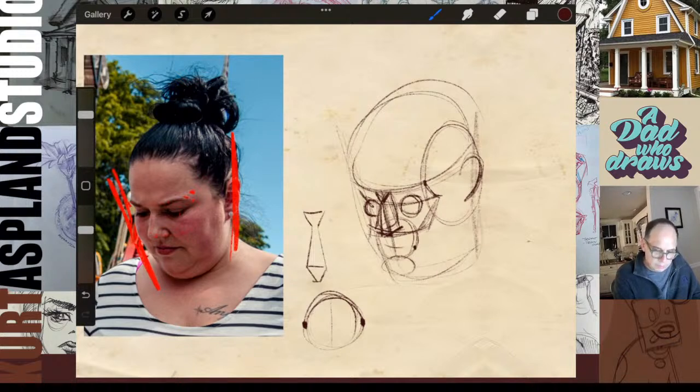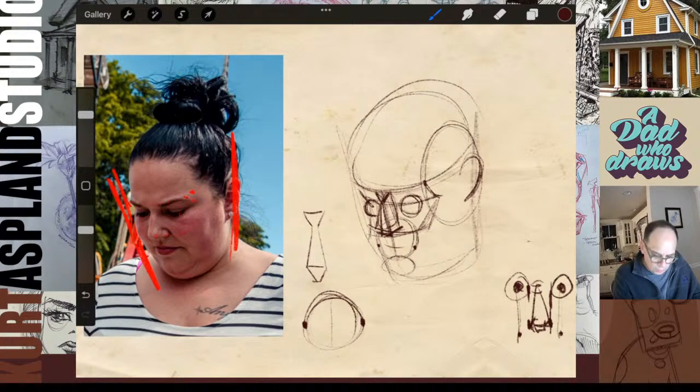And a lot of times the pupil of the eye will line up with the corner of the mouth. And the inside part of the eye will line up with the outside of the wings of the nose. Okay?